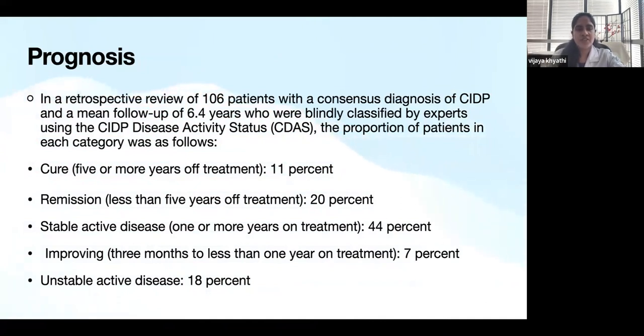The patients who have undergone 5 or more years of treatment were 11%, and those with less than 5 years of treatment were 20%. The patients who are still actively in disease are 44%, improvement with the treatment modalities is 7%, and the patients who are unstable are 18%.